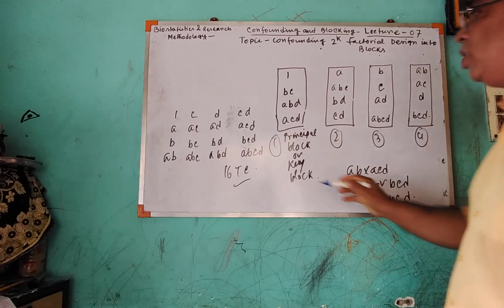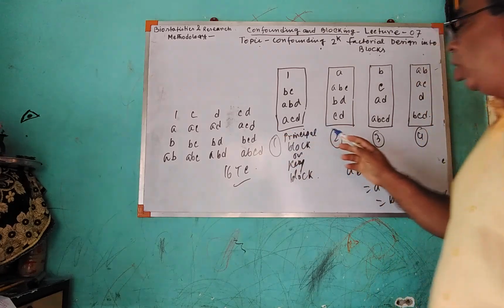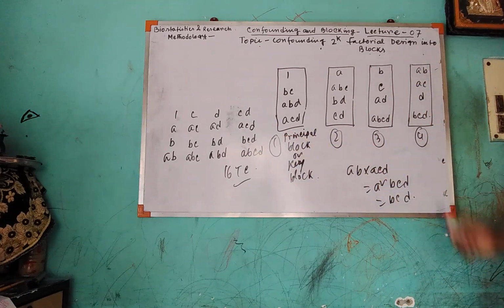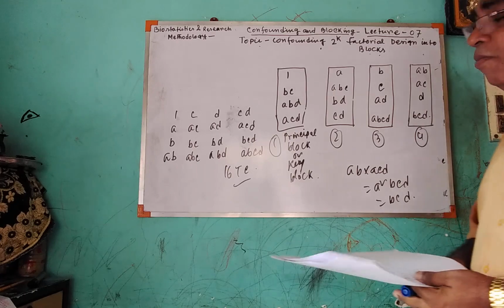Lastly we have all the blocks: first, second, third and fourth block. Thus there are 16 treatment combinations in 4 blocks and each block has 4 elements. This is how 16 treatment combinations are arranged into 4 blocks, each block having 4 elements.